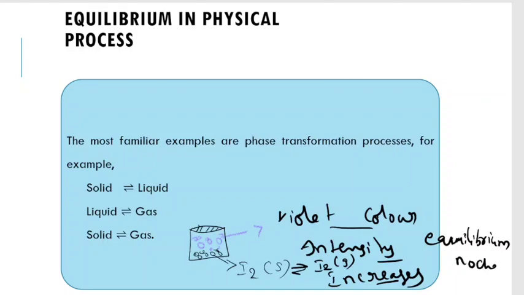So finally we can say that at equilibrium, the reactant and product parameters like temperature, pressure, color, density, concentrations become constant. There is no change in these parameters after attaining the equilibrium, right?